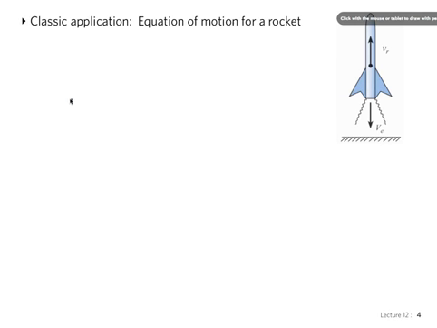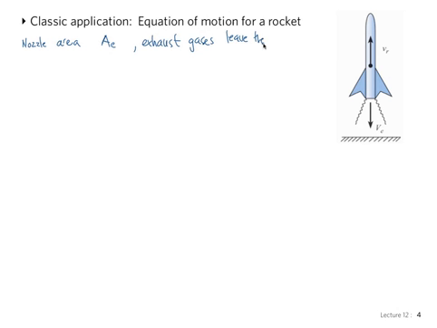Let's write that the nozzle has an area, say, AE for exit, for the exhaust gases, with a speed VE for exhaust relative to the rocket.